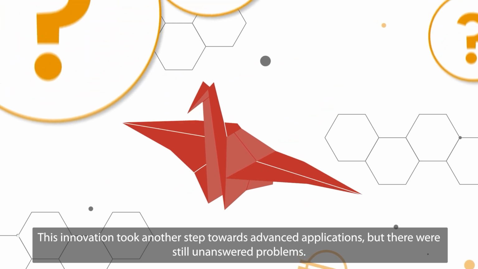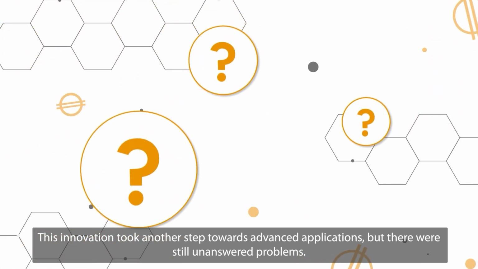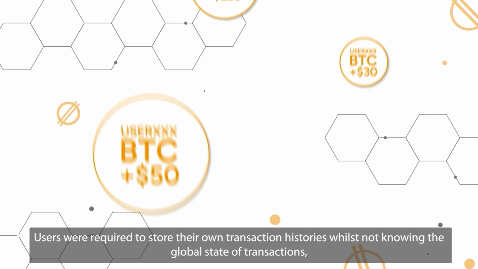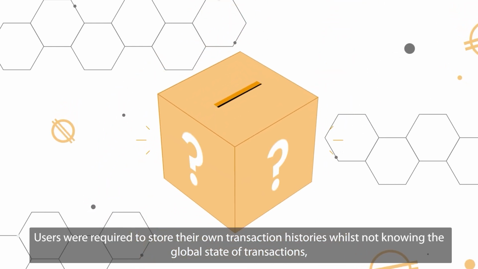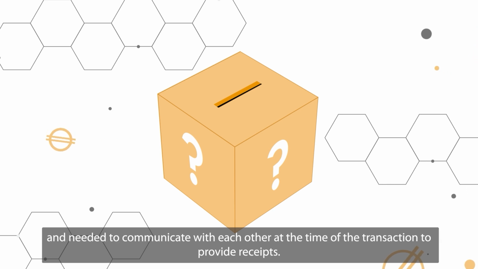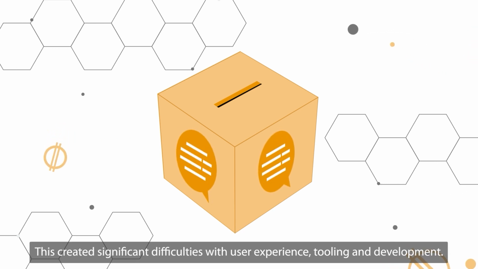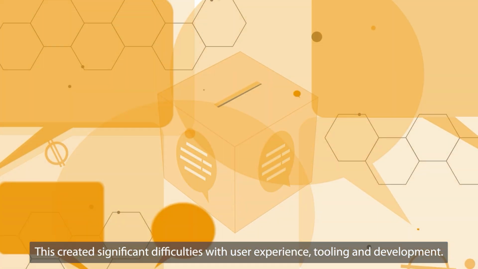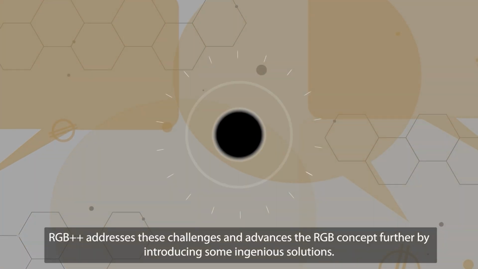This innovation took another step towards advanced applications, but there were still unanswered problems. Users were required to store their own transaction histories whilst not knowing the global state of transactions, and needed to communicate with each other at the time of transaction to provide receipts. This created significant difficulties with user experience, tooling, and development.